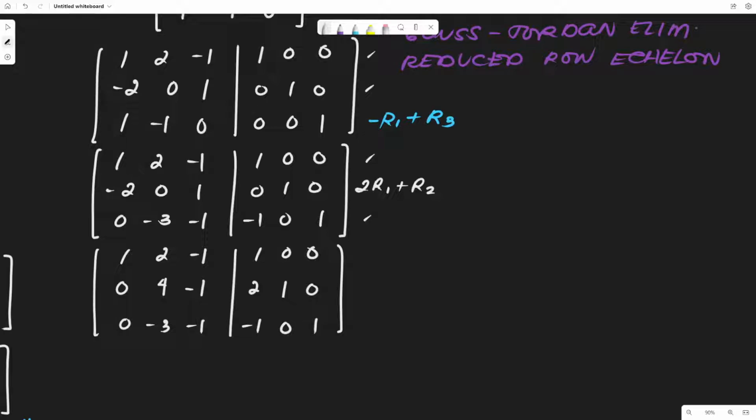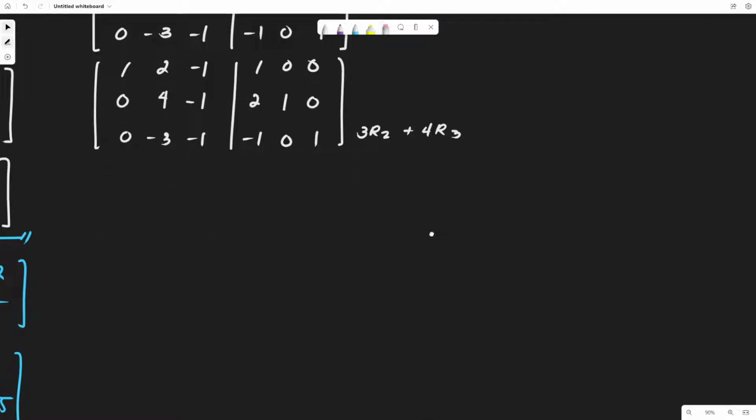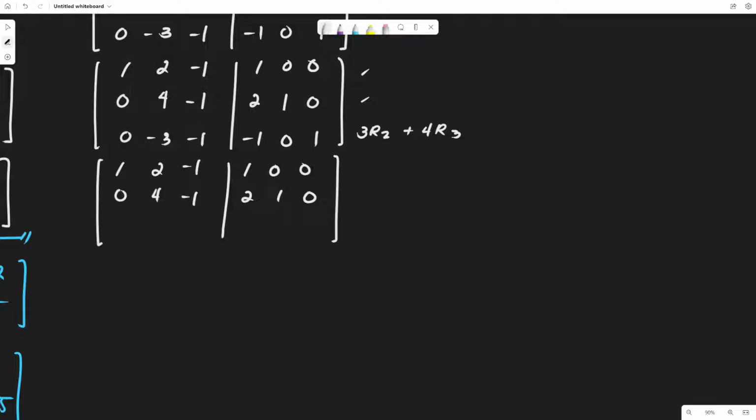So, how do we solve the negative 3? We can use 3R2 plus 4R3. Ayan, that works. So, copy the ones that didn't change. Then of course this will become 0, and this will become 0.